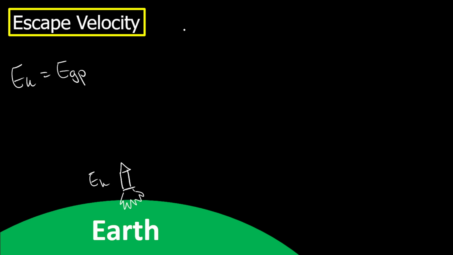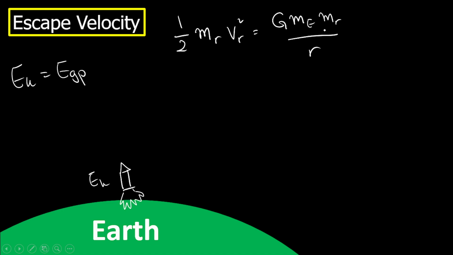We know the equation for kinetic energy, which is half mv squared. So half m, the mass of the rocket, times the velocity of the rocket squared, must equal the gravitational potential energy, which is simply G, the mass of the earth times the mass of the rocket, over r. If we rearrange this, we can cancel out the mass of the rocket.